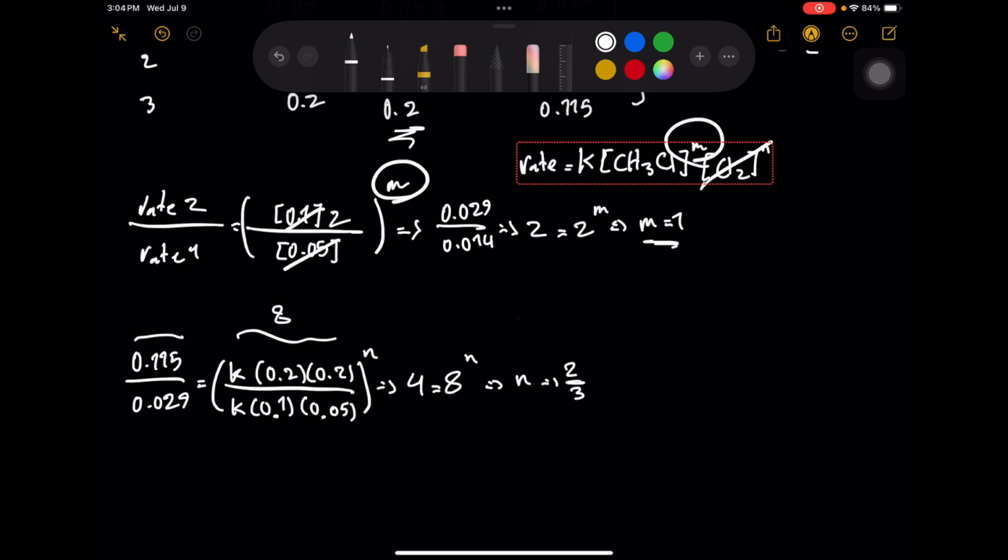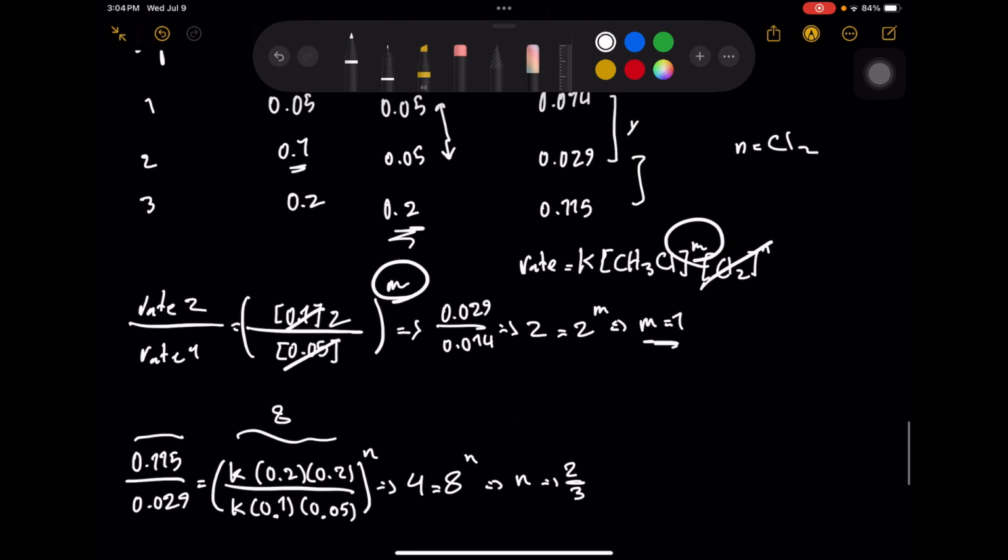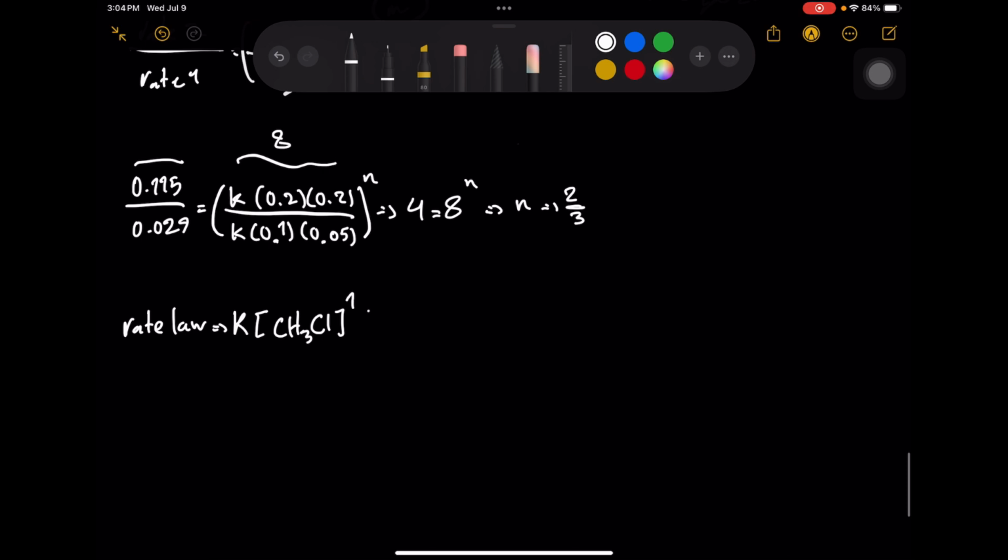What is the rate law for this equation now? It's k times CH3Cl, with the order m we found as 1, times Cl2 with the order of 2/3. That's how we write the rate law.